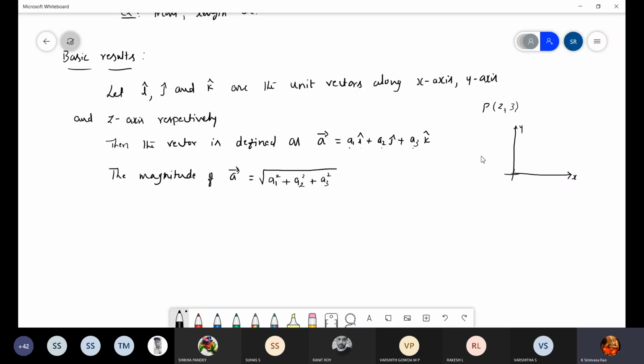From the origin, we calculate the distance of x. The first one represents x, so 1 and 2 is the point on the x-axis. This is 2, and this is 3 along the y-axis. Combining both, you get the point P, whose address is 2, 3. We mark the point on the graph in this way.